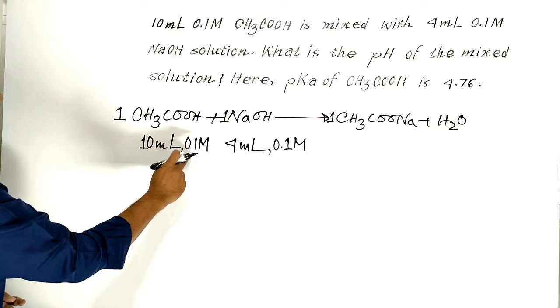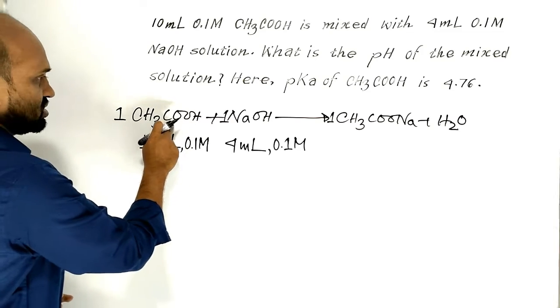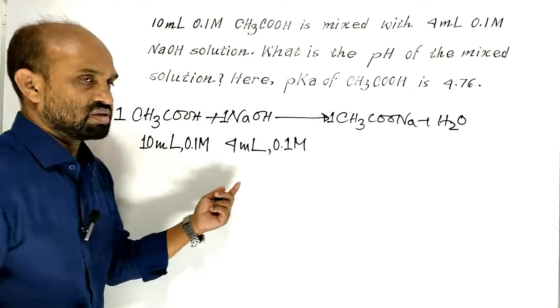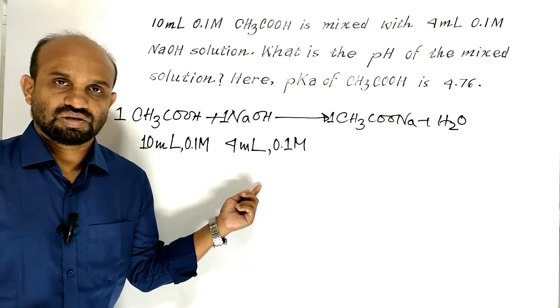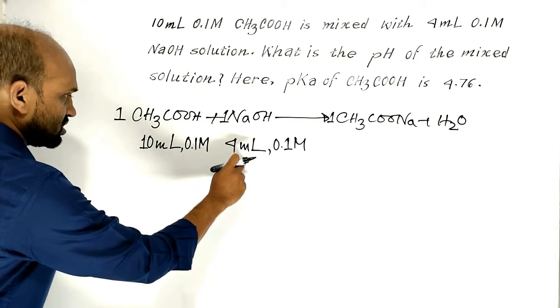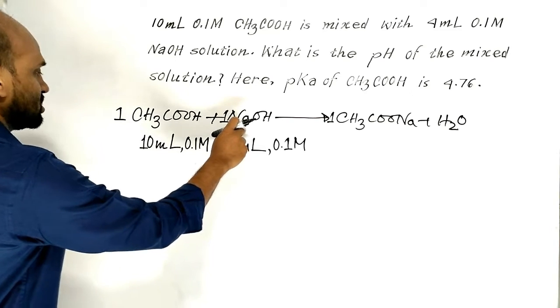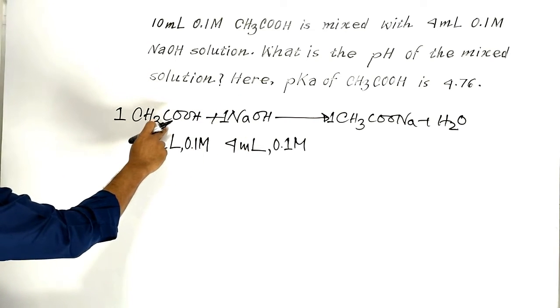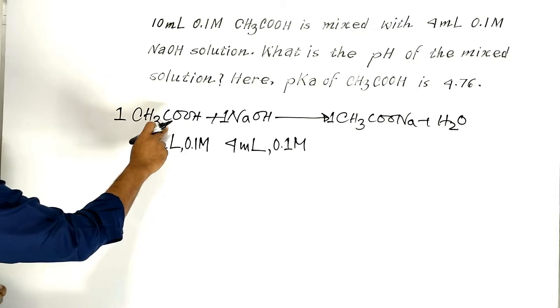As strength of acetic acid and sodium hydroxide are equal to each other, then 4 milliliter sodium hydroxide will neutralize 4 milliliter of acetic acid.